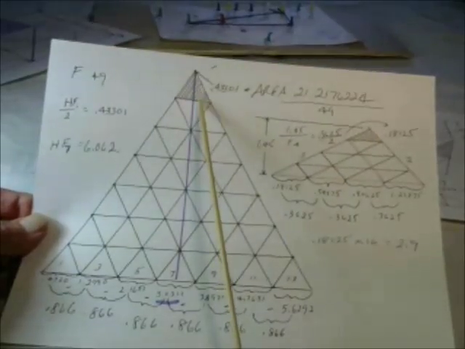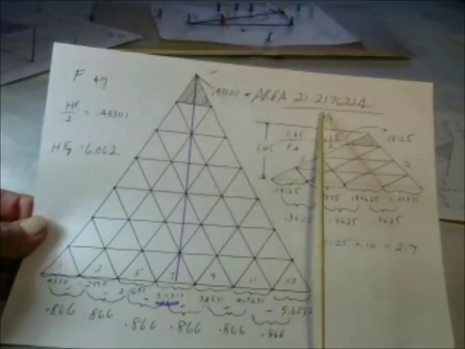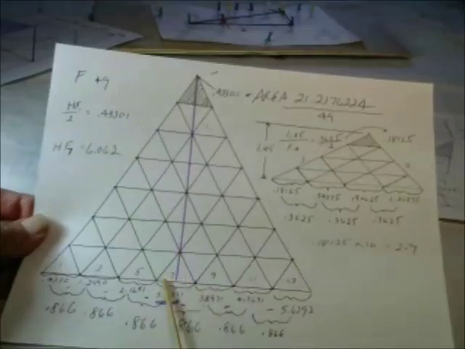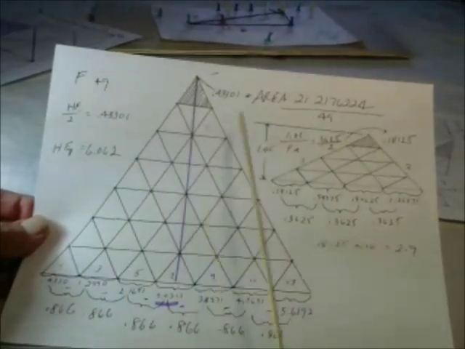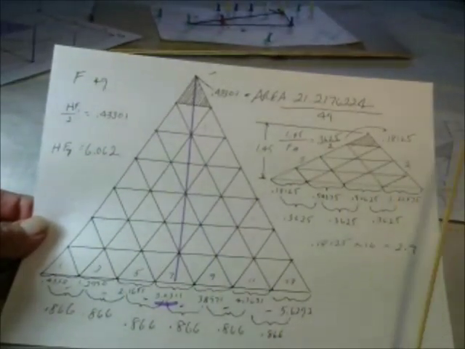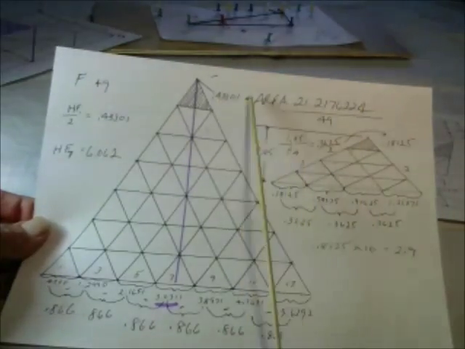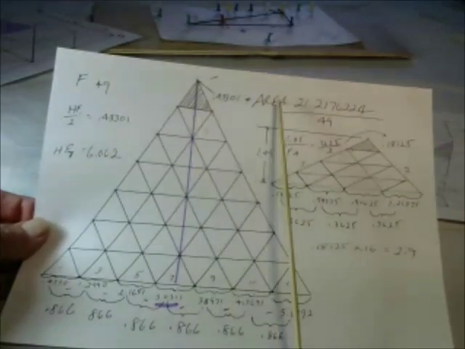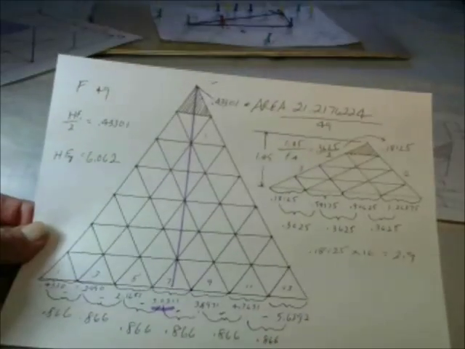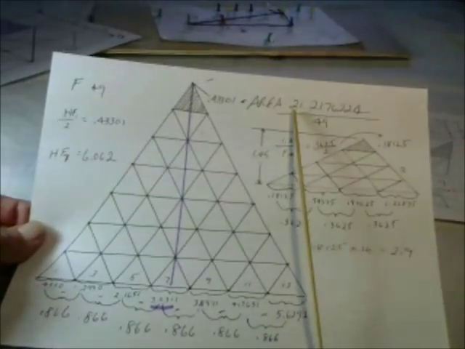And the total area is 49 times that, because 7 squared is 49. We have 49 triangles in here. So you can get the area of this little triangle by dividing the total area by 49.